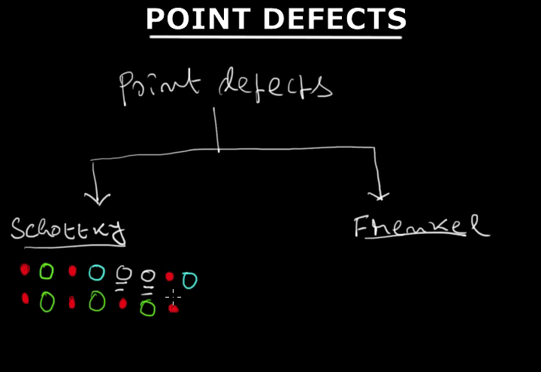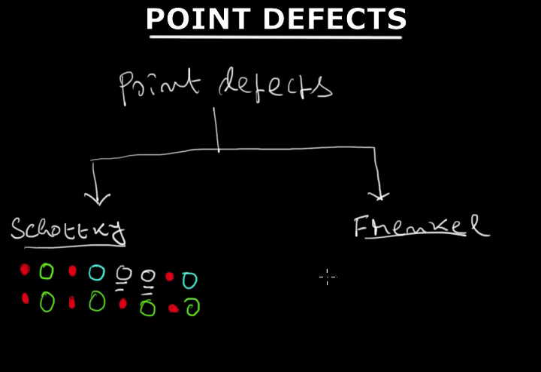Cation, anion. So, equal number of cations and anions are disappeared from their original position and the defect arise is called Schottky defect.